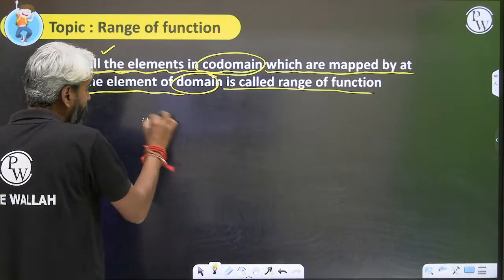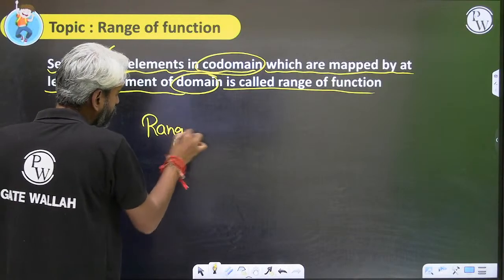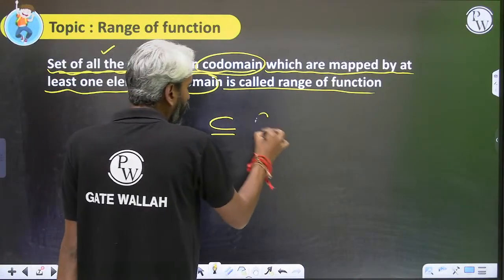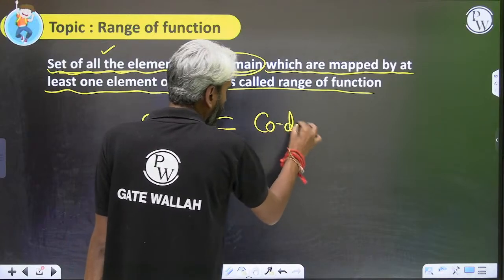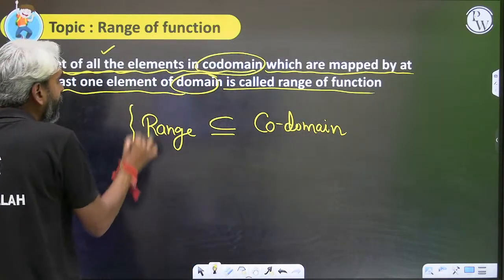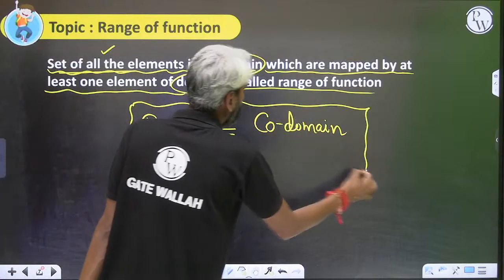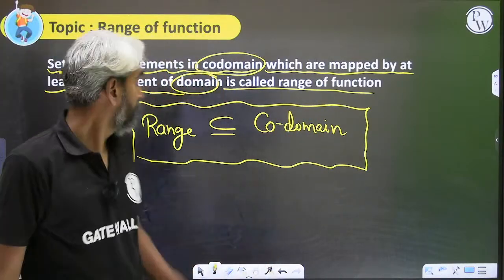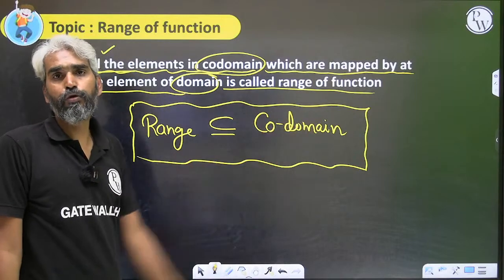So, what can we say? We can say that the range will always be a subset of the codomain. It may be equal to the codomain, but there cannot be any element in the range which is not in the codomain of the function.